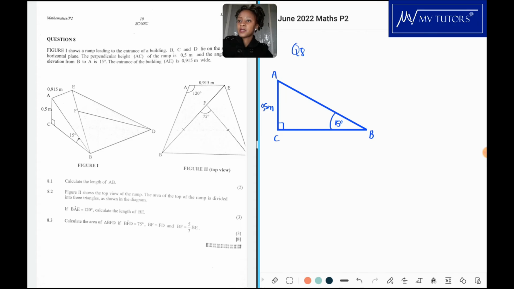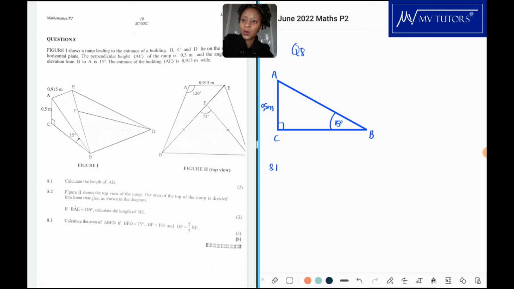Maybe let me just draw all of them before we actually calculate length AB. The second triangle I'm going to look at is AE. You know what? Let's just answer the question. If we ever need another triangle for information, we'll go to it.